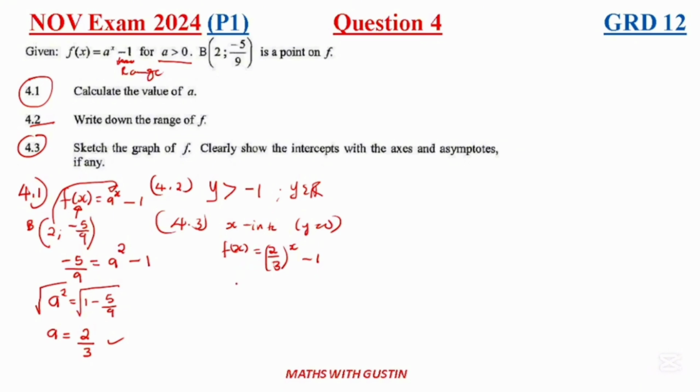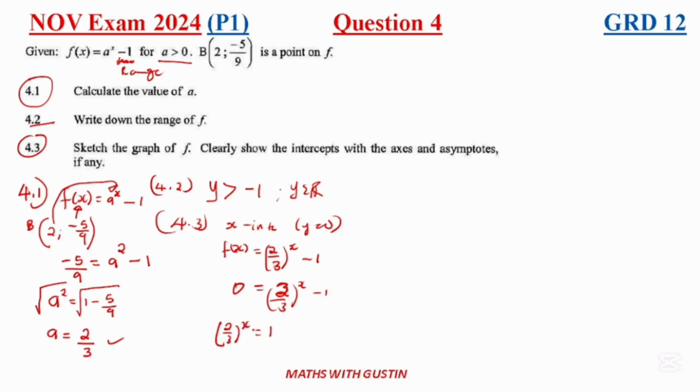So y is equal to 0, it's equal to 2 over 3 all to the power of x, minus 1. Then take this one to that side, so you're going to have 2 over 3 to the power of x is equal to 1.